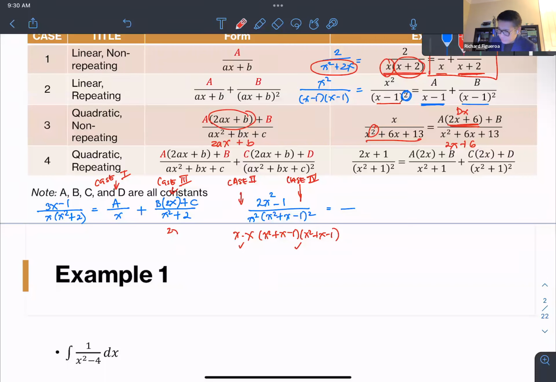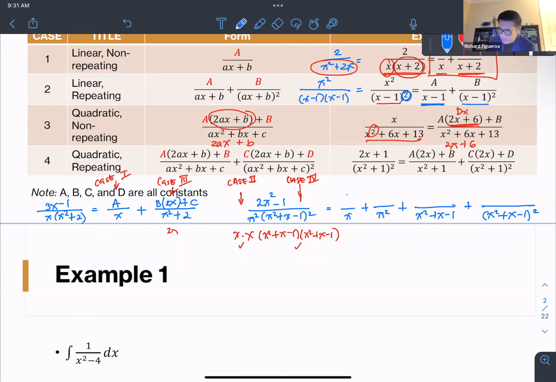So therefore, the denominators would be x, x, then x squared, then x squared plus x minus 1, and then x squared plus x minus 1 squared. How about the numerator?